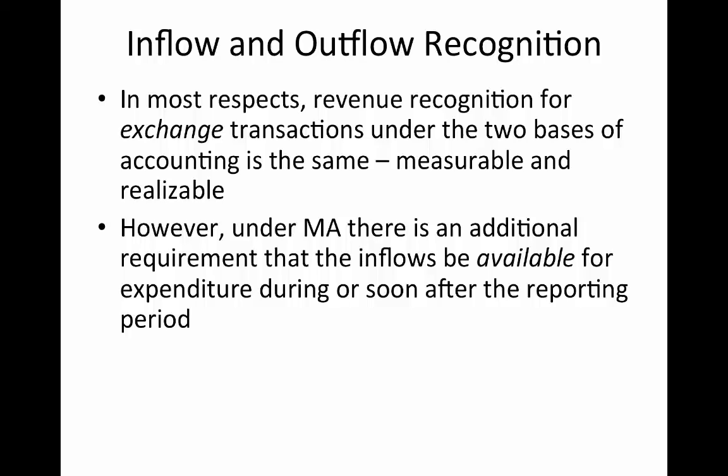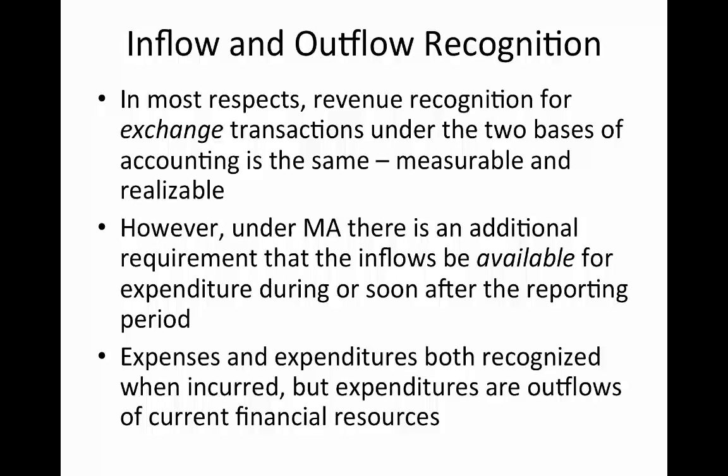The other revenues, a government will choose its own availability policy and disclose it in the summary of significant accounting policies. There is an encouragement or a hope that governments will select a single period, if not the same 60 days as property taxes, another period that applies to all of its revenues, but sometimes they will vary those availability periods depending upon the type of revenue.